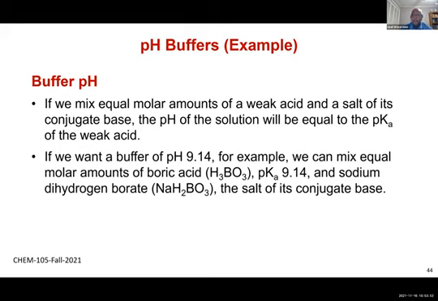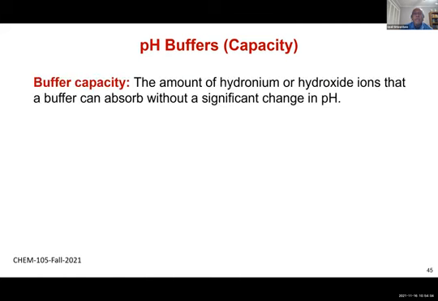So there are different buffers with different pH, different buffers for particular buffer regions. The capacity to absorb hydronium ion and hydroxide ion is called the buffer capacity.